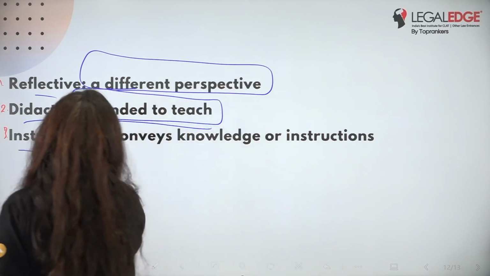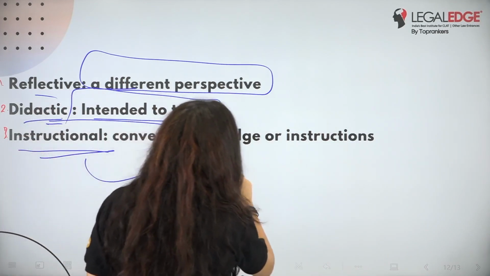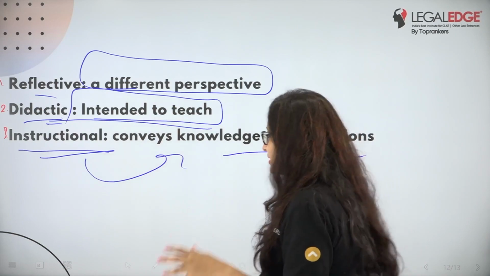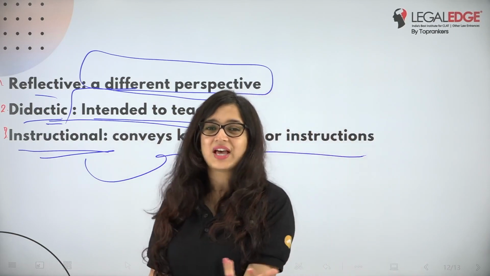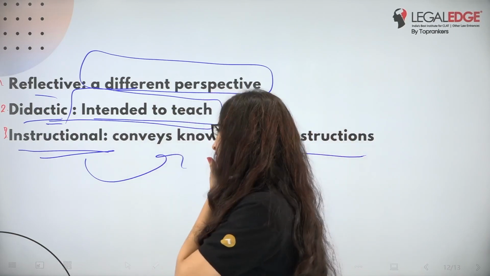The third is instructional, where it conveys knowledge or instructions. So a passage in which knowledge and instructions are conveyed, that is called instructional.